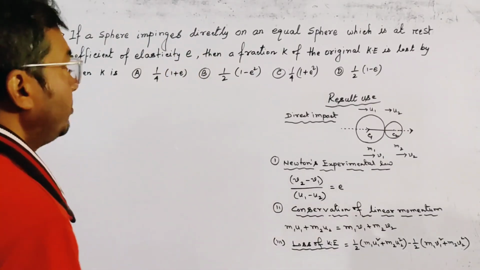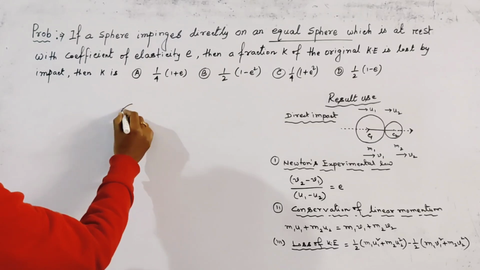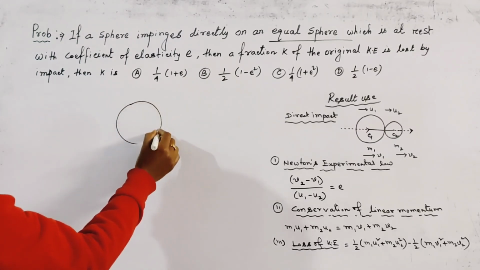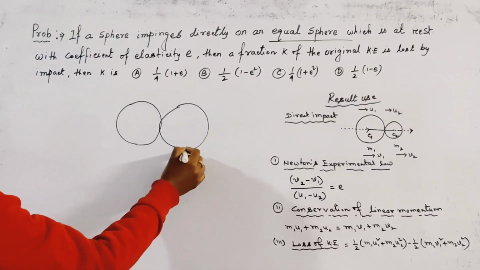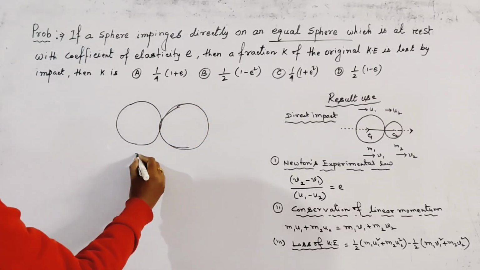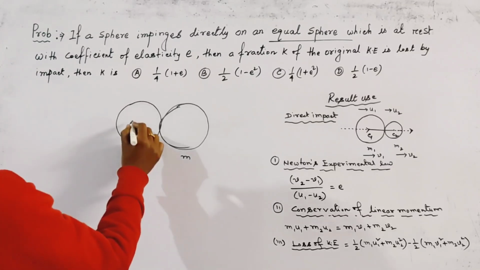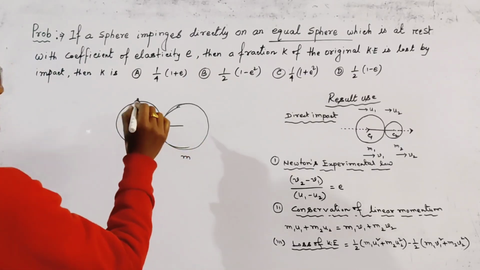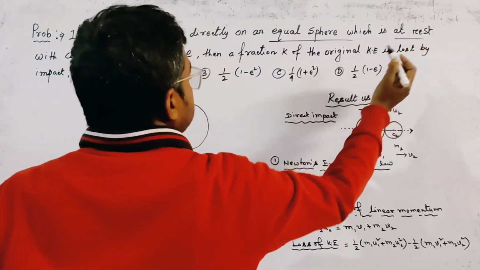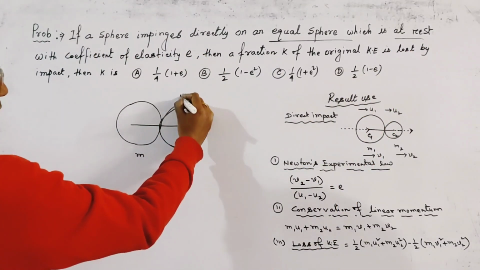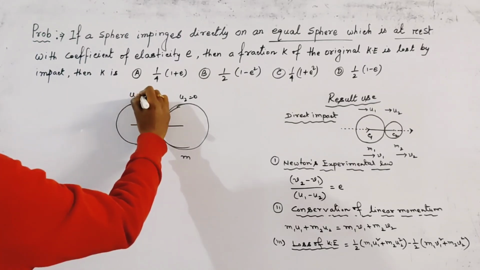Now for the given problem, the two spheres are equal, so we draw a rough sketch of two spheres. Since the two spheres are equal, the masses are the same, let it be m. The second sphere is at rest, so u2 is equal to 0 and u1 is equal to u.